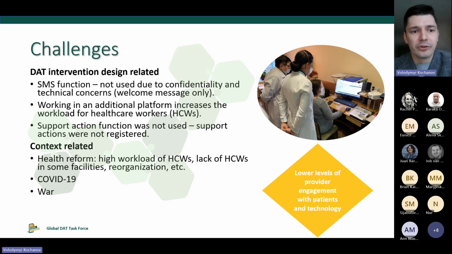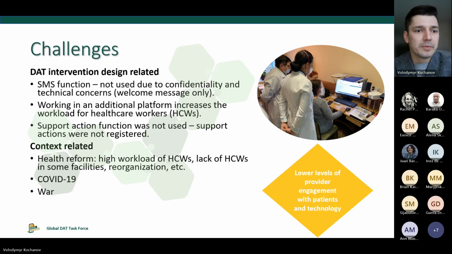They didn't register support actions on the platform, because initially we wanted them to register each phone call, each visit, each support action, like involvement of a social worker, on the platform, so we can have all this information for the ASCENT research.